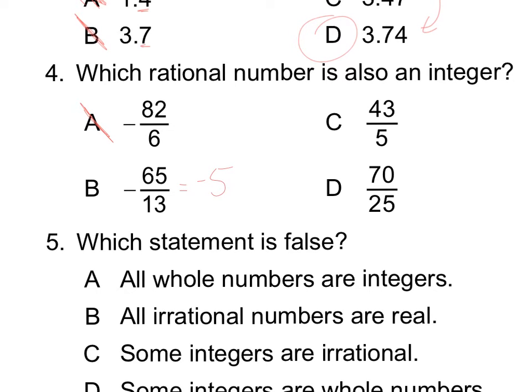Negative 5 is an integer. So B is probably our answer. If we do 43 divided by 5, you get 8.6, not an integer. 70 divided by 25 is 2.8, not an integer. So B is our best answer because it gives us a positive or negative whole number.